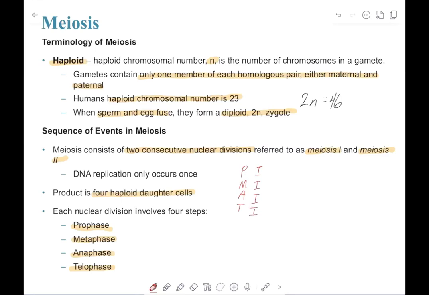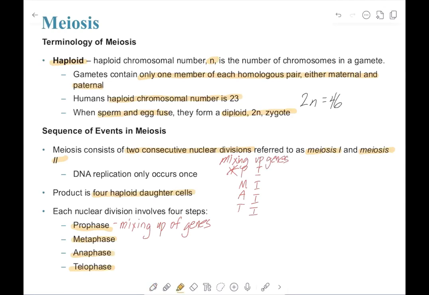The most significant phase of meiosis 1 is prophase 1 because there is a mixing up of the genes. And we'll talk about the mechanism of how that works coming up. So the star here means mixing up the genes.